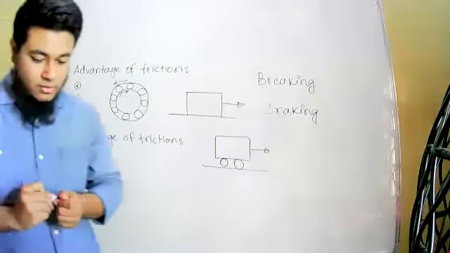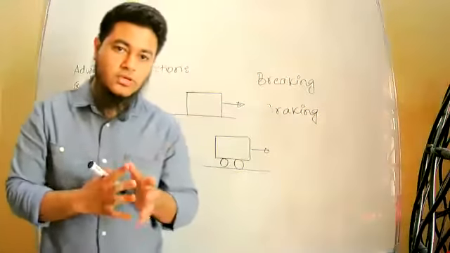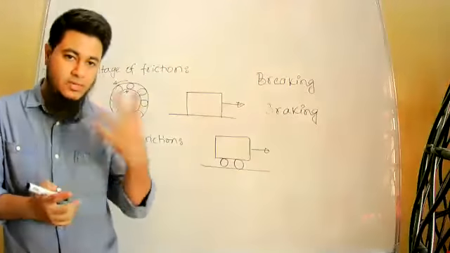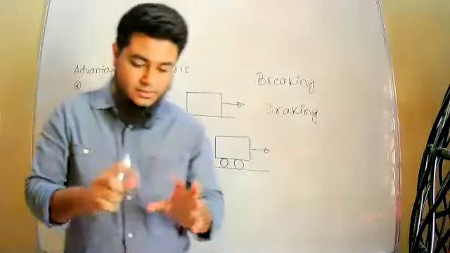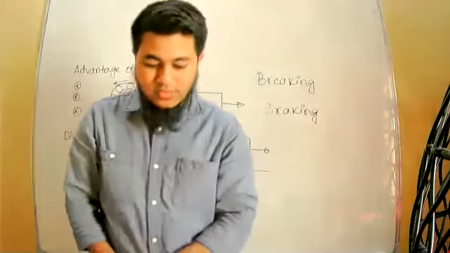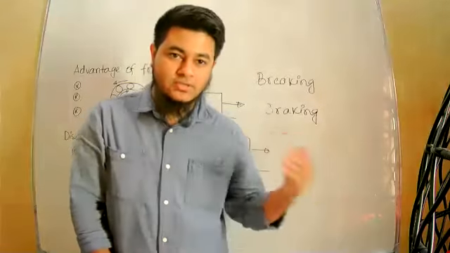You can search ball bearing on Google to see the image more clearly. It's very nice. So using ball bearing we can reduce the friction. These are the ways to reduce it.